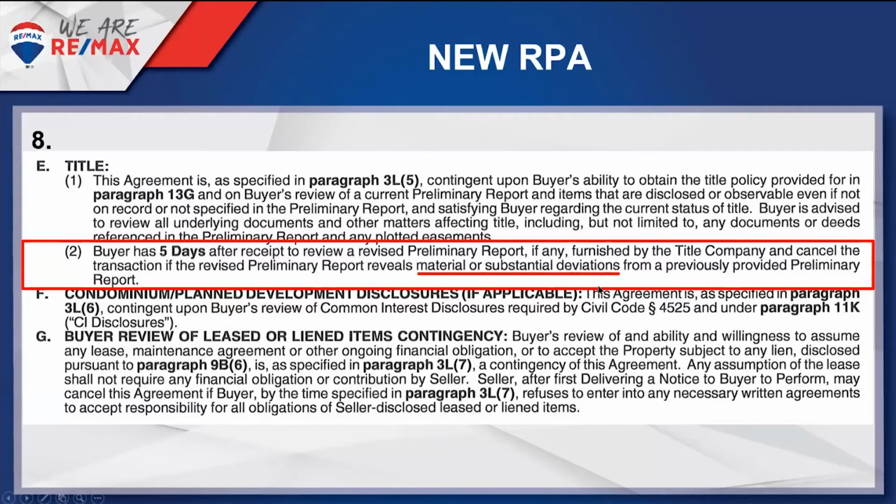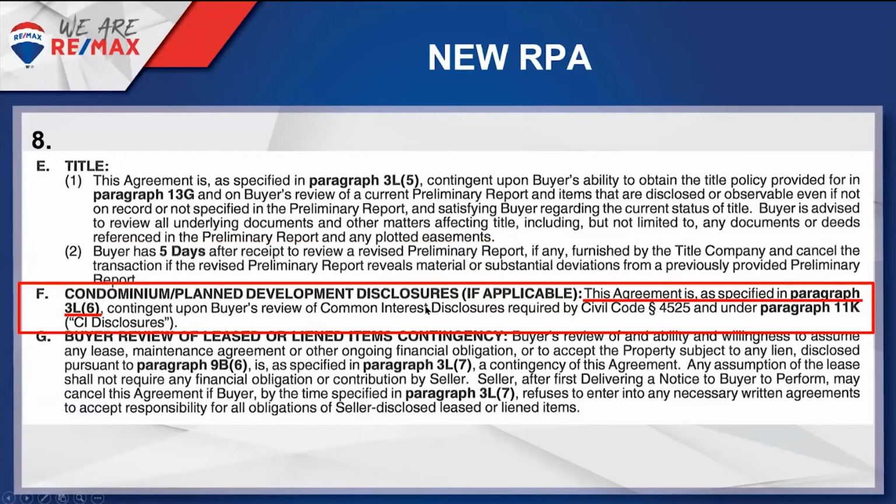But if they said, oh my gosh, there's an encroachment, we didn't even realize, we were out there plotting the easements with the buyer, and we discovered an encroachment, and so we added that to our title report. Well, that would be a material or substantial deviation from the original title report, and the buyer would have those 5 days.